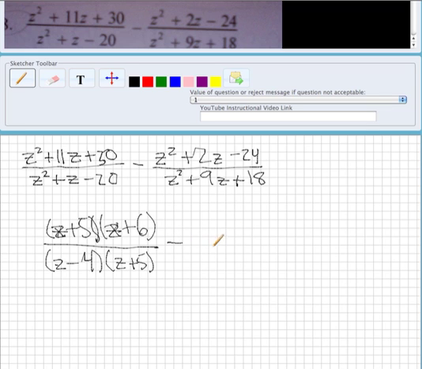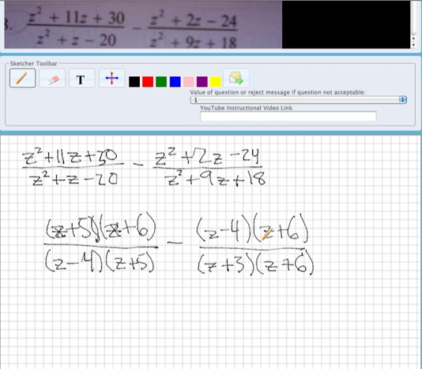And then we're going to subtract the other fraction, which we're going to factor the numerator, which will be z minus 4, z plus 6. And the denominator is going to be z plus 3, z plus 6.